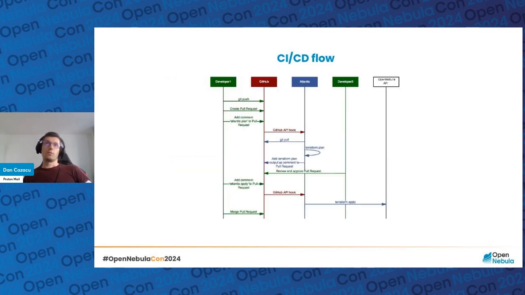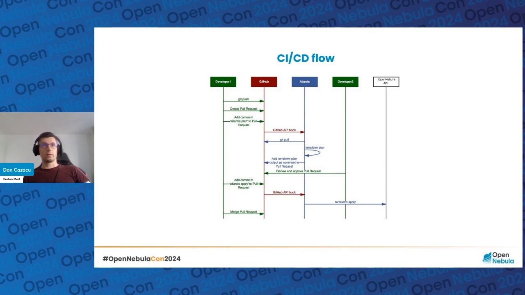Basically, this entire flow is explained here in this CI/CD flow. It's exactly what I was talking about earlier. The first developer does a git push. It will create a pull request. We have set up the plan manually.